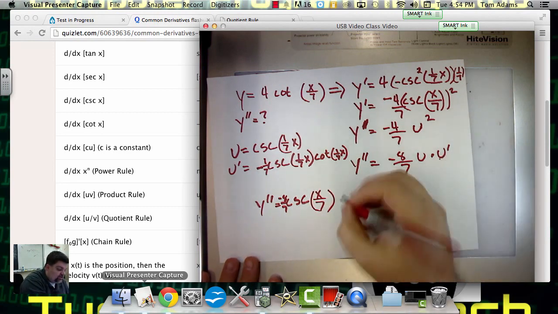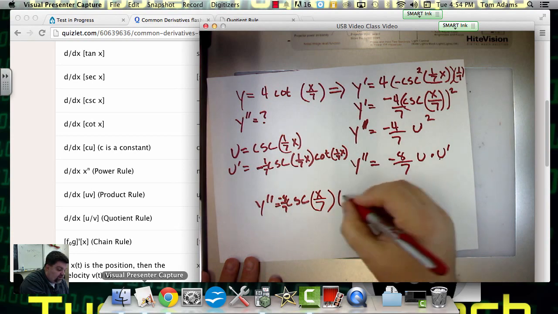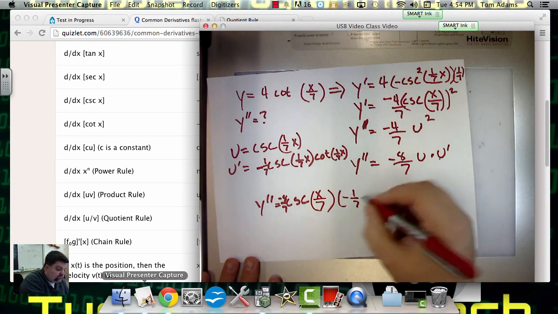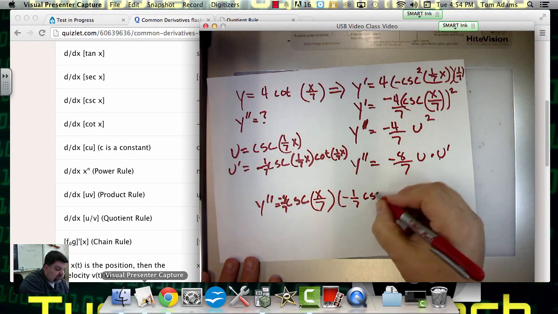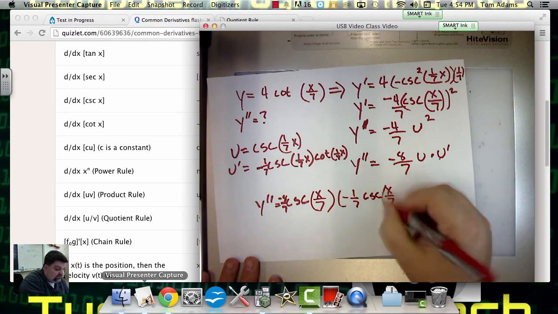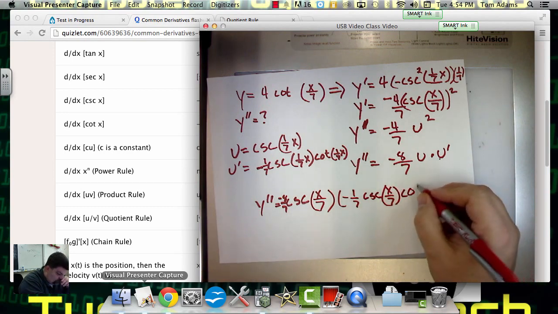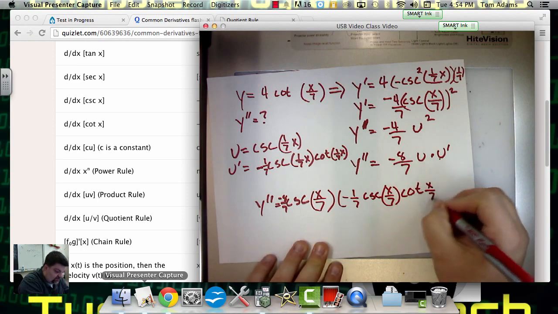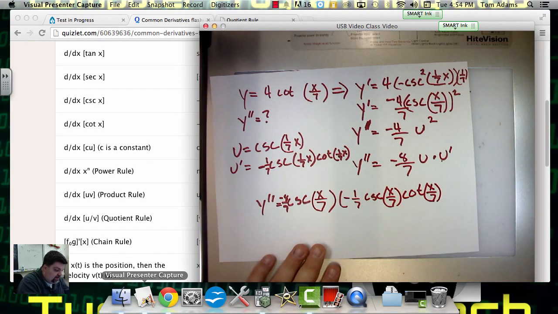And then we tack on this u prime, which is going to be negative 1 over 7 cosecant x over 7 cotangent x over 7. And that's pretty much it.